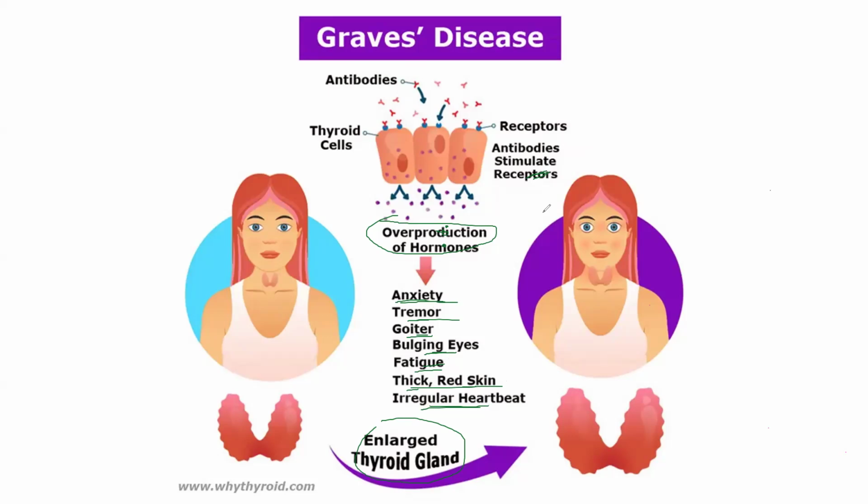Due to some mistakes in the selection process, in the maturation of these B cells, self-reacting B cells come up producing antibodies which bind with self proteins. Here, the receptors are for TSH, and then it results in this disease. This disease is termed Graves' disease, and it's a very good example of autoimmune disorders.